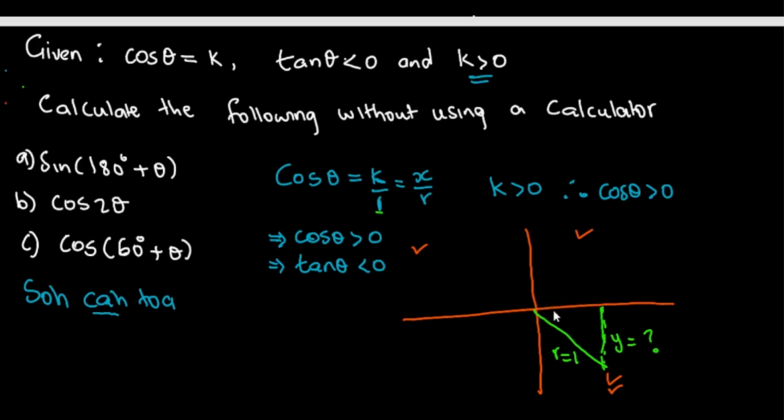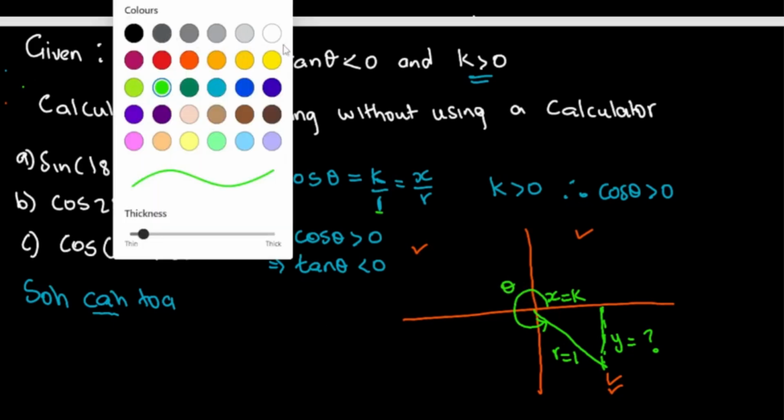Then what is our x? x is given as k. Okay, so far so good. This will be my angle theta. Right, let's use the Theorem of Pythagoras to find the missing side. That's what we need to do next.